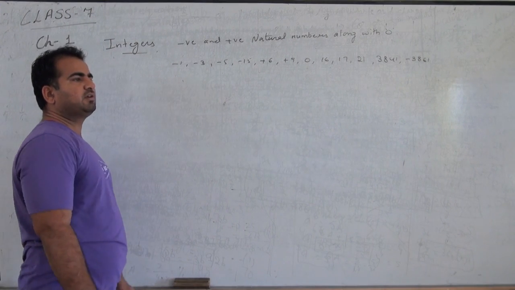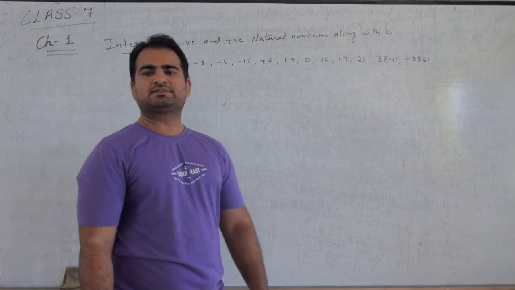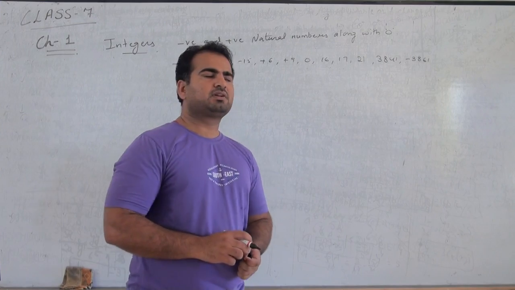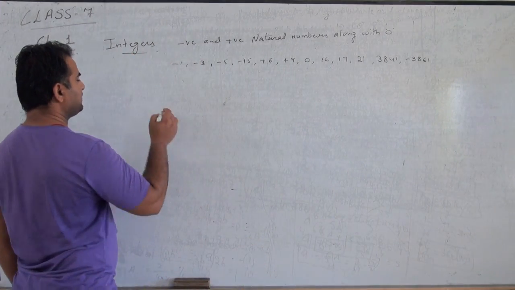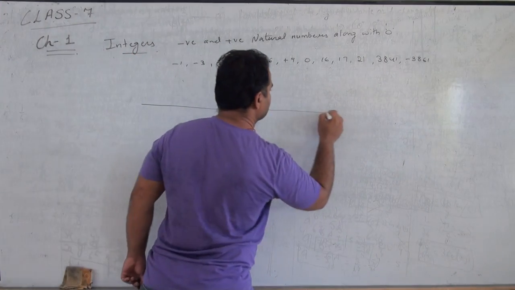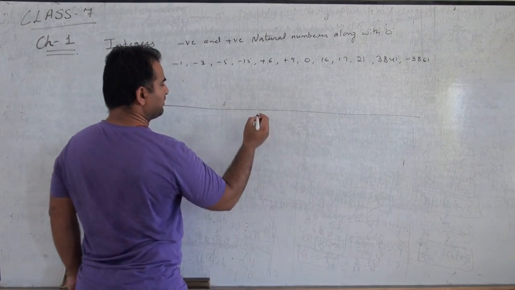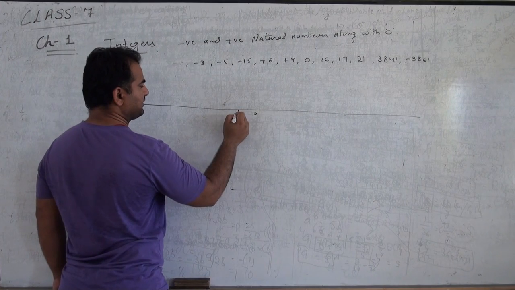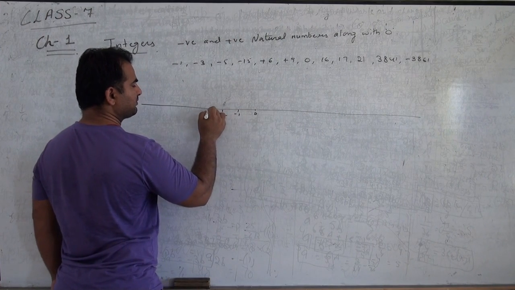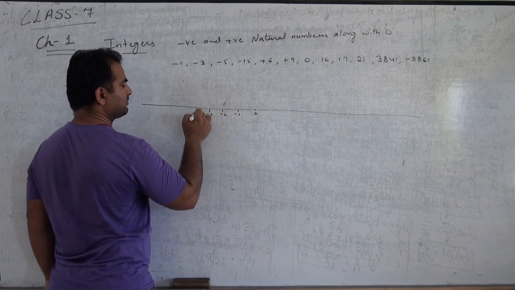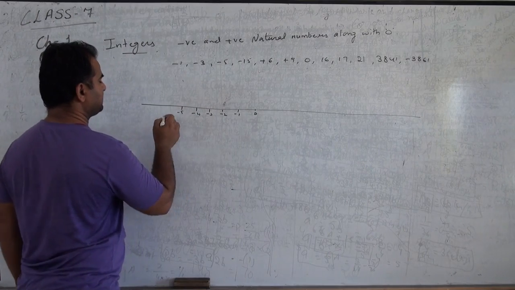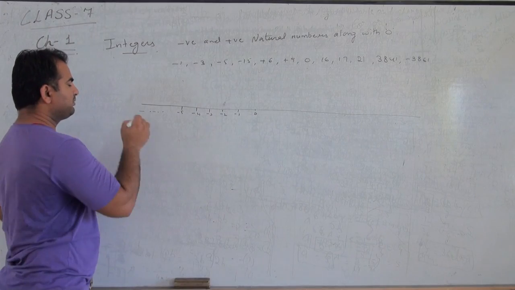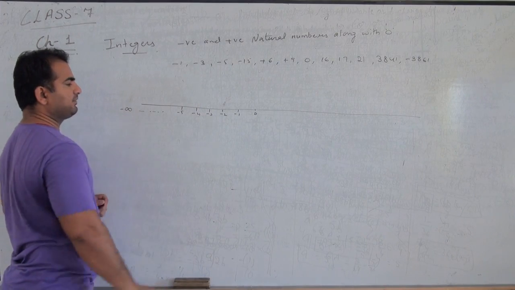We all have learned in class 6 how to present integers on a number line. What we have to do is draw a line and mark 0 in the middle. On the left hand side there are negative integers and the range is up to -infinity.